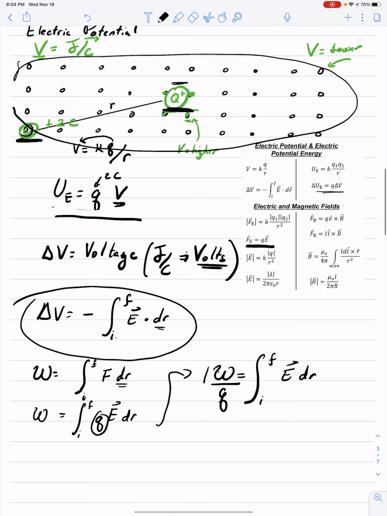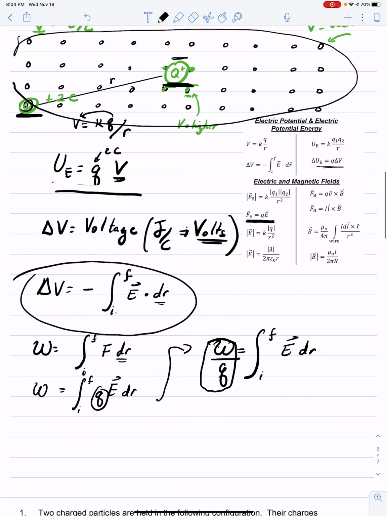Now look at what's going to happen here. We have the negative change in potential energy over Q. That is the same equation that we have here. You seeing where this is going?